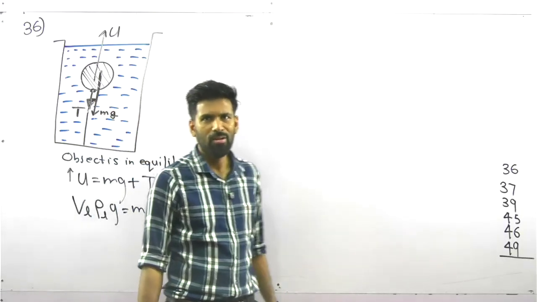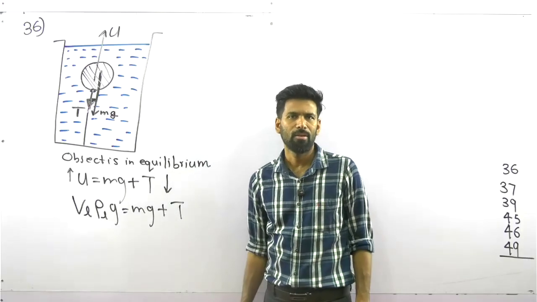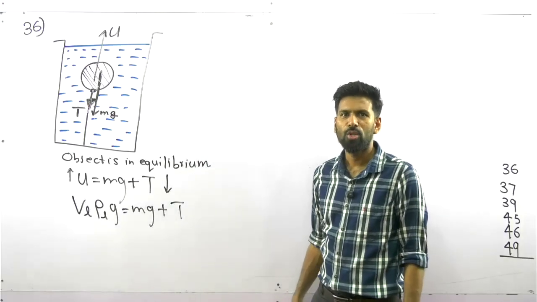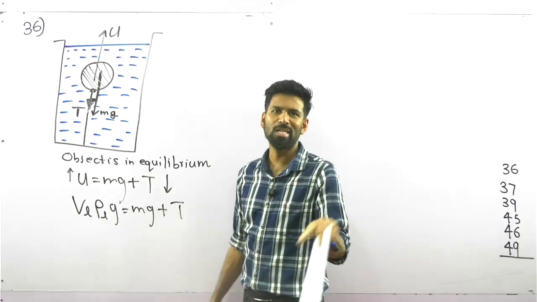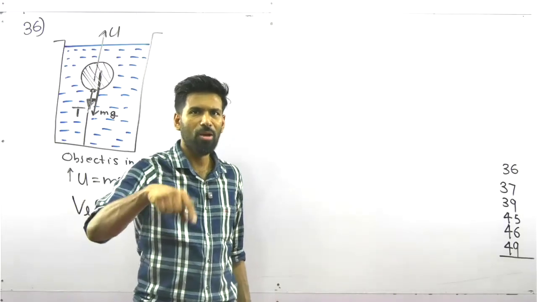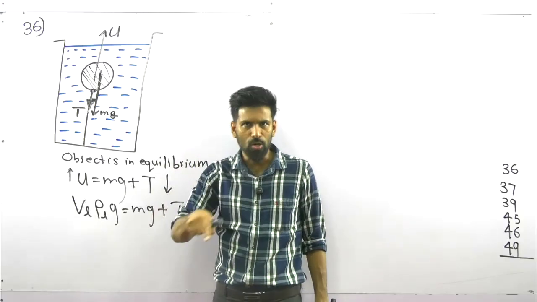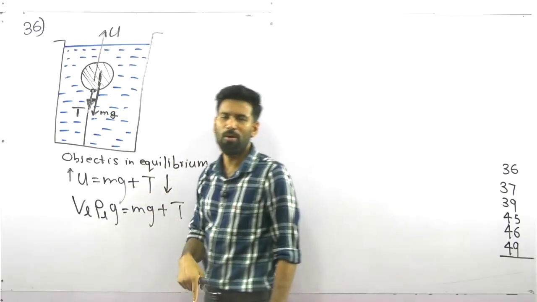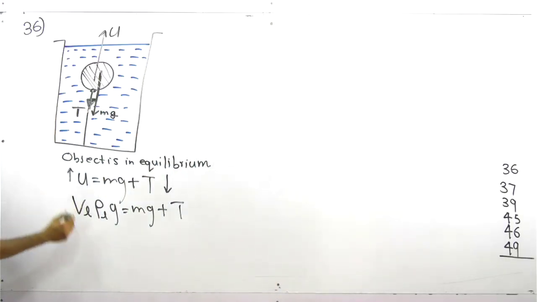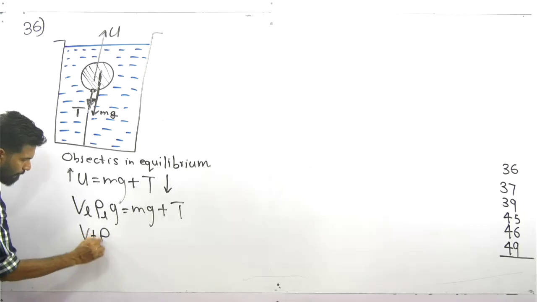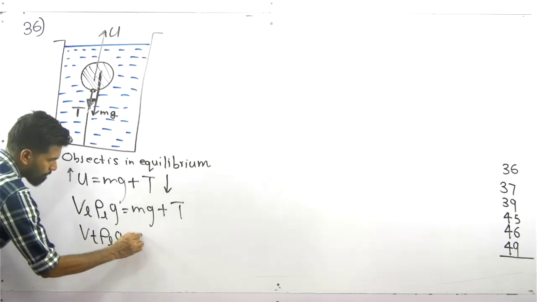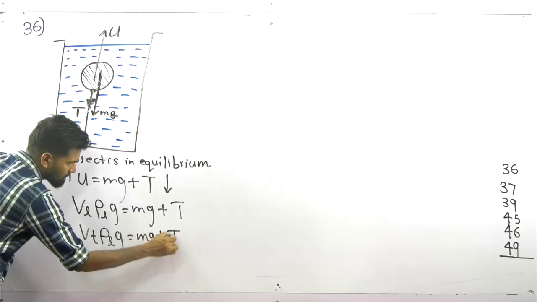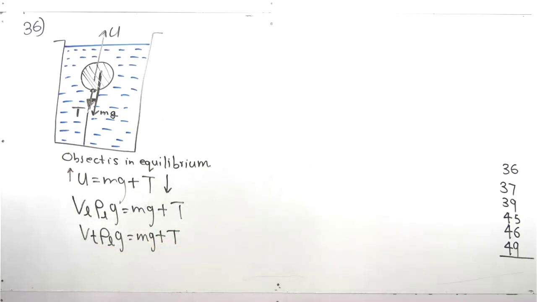From the type of question they have asked, you will understand that the total volume is inside the liquid. So in the upthrust, we substitute the volume of the object that is inside the liquid. Here it's the total volume of the object. So you can apply the total volume, the density of the liquid, g, equal to mg plus T. What is the total volume of the object?